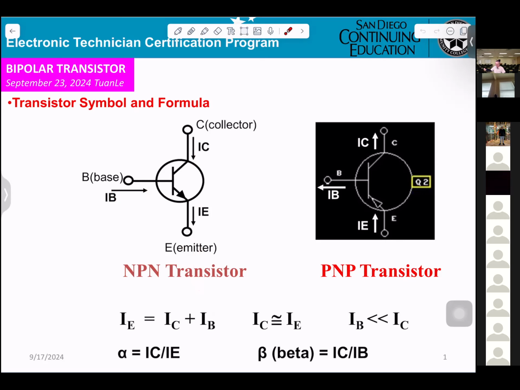PNP: the current IB leaving, IC leaving, IE coming in. This is the formula applied for both, NPN or PNP. Okay, any question?